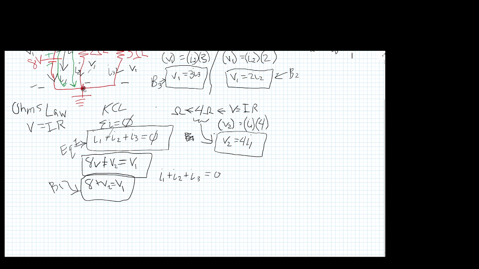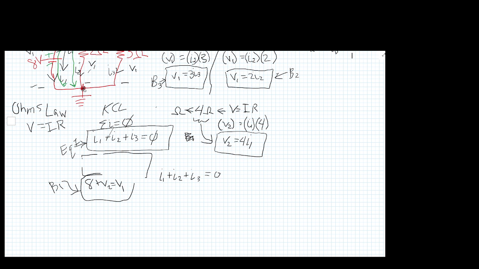I'm gonna erase some stuff we don't need. We don't need this here. Okay, so now we can count. We got 5 equations and 5 unknowns. I1, I2, I3 are the unknown currents, and V1 and V2 are the 2 voltages.